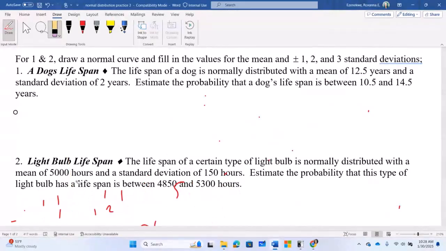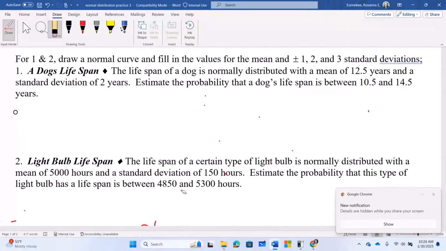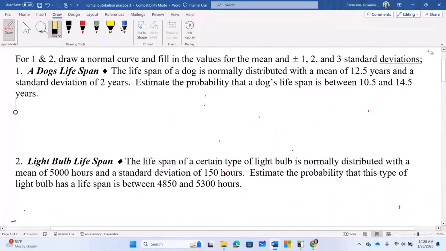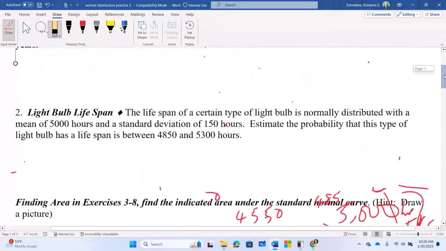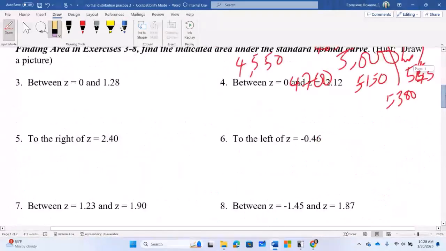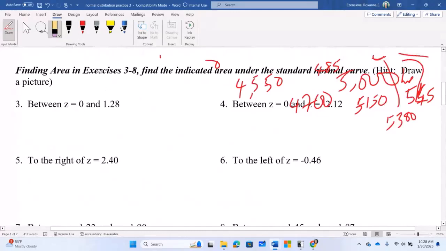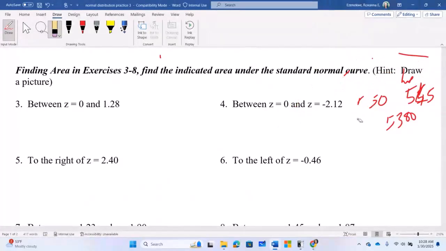All right. So I have to go to the question. So let's go to number 3. In number 3, the normal curve is already standardized.